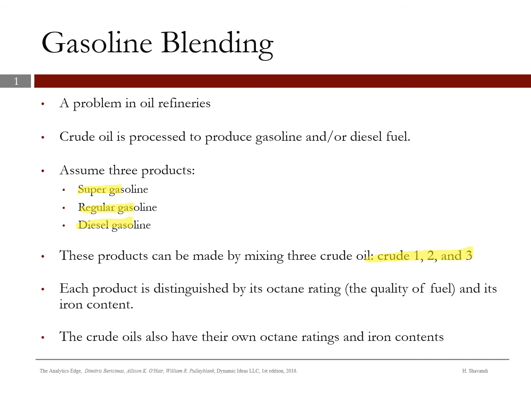Each product is distinguished by its octane rating. So the difference between super, regular, and diesel is the quality of fuel in terms of octane rating, and also the iron content. The crude oils also have their own octane ratings and iron contents.